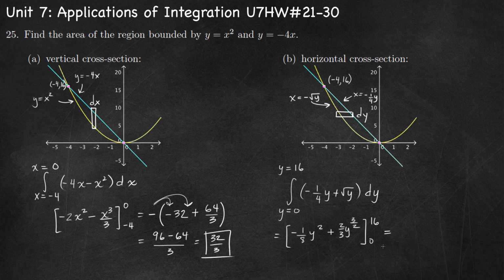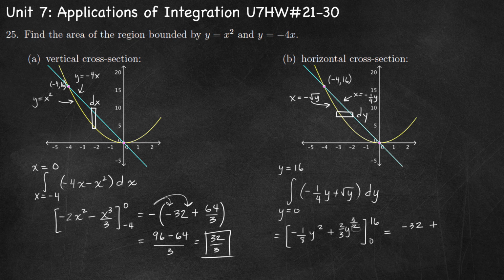So 16 squared, I don't know what that is, but I know 16 squared is the same as 8 times 2 times 16, and the 8's cancel, so really just 2 times 16 times -1 is -32. Plus, okay, so this one's a little trickier.